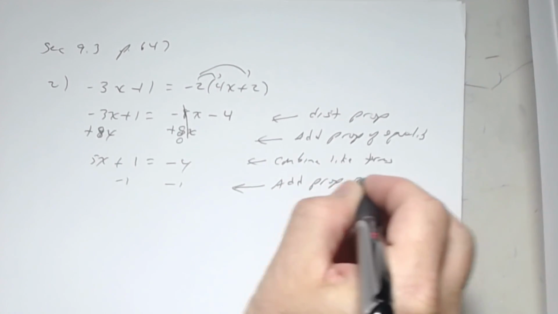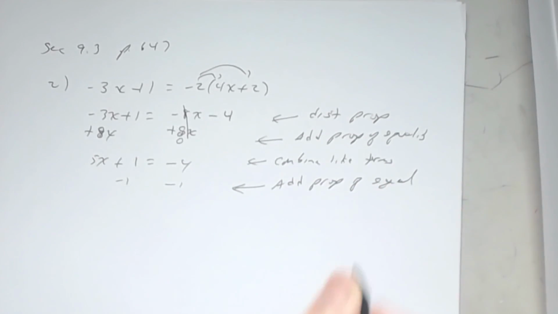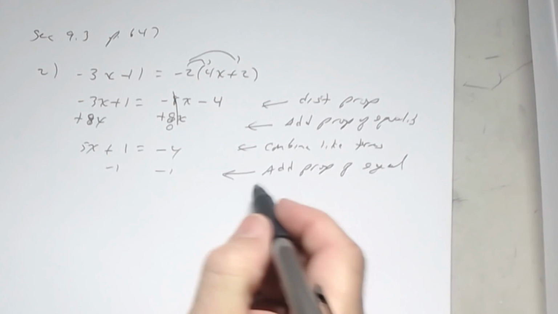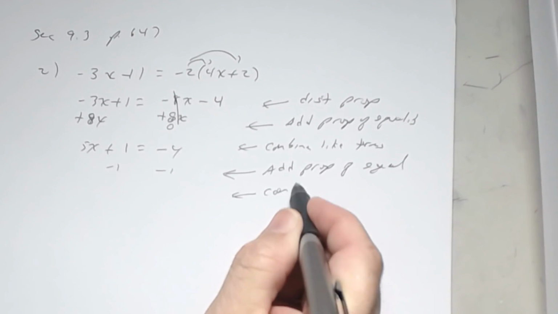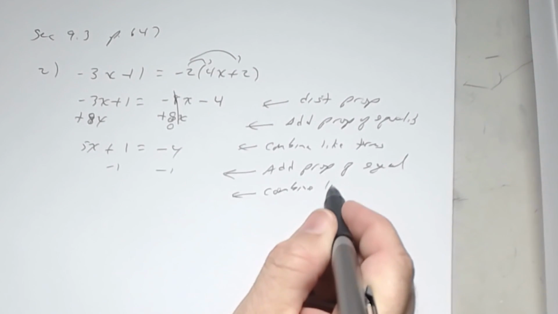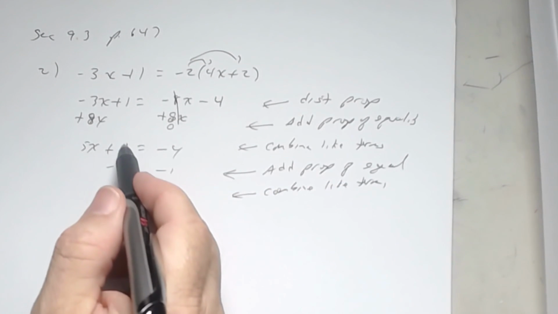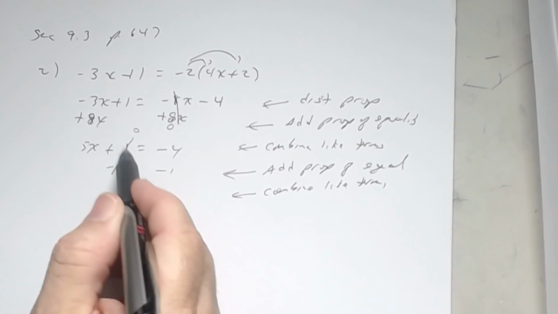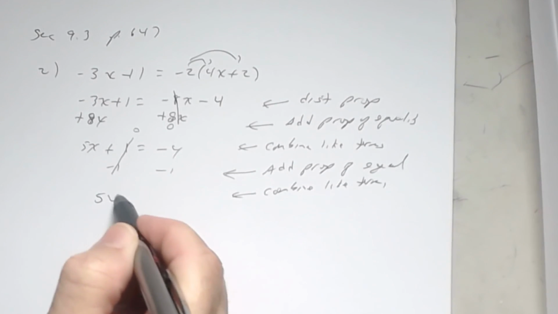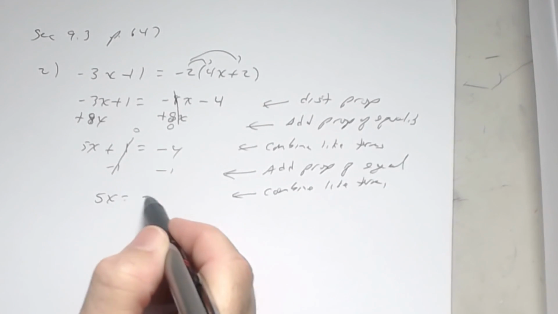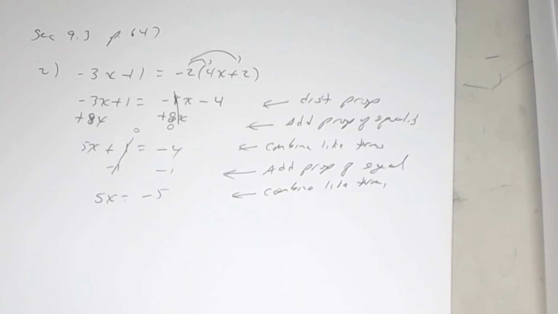Addition property of equality. And then once you do the addition property of equality, what's the next step? Combine like terms. So notice they alternate like this. And so when I combine like terms, a positive 1 and negative 1 is 0. So what's left on the left? And what's going to the right? Negative 5.